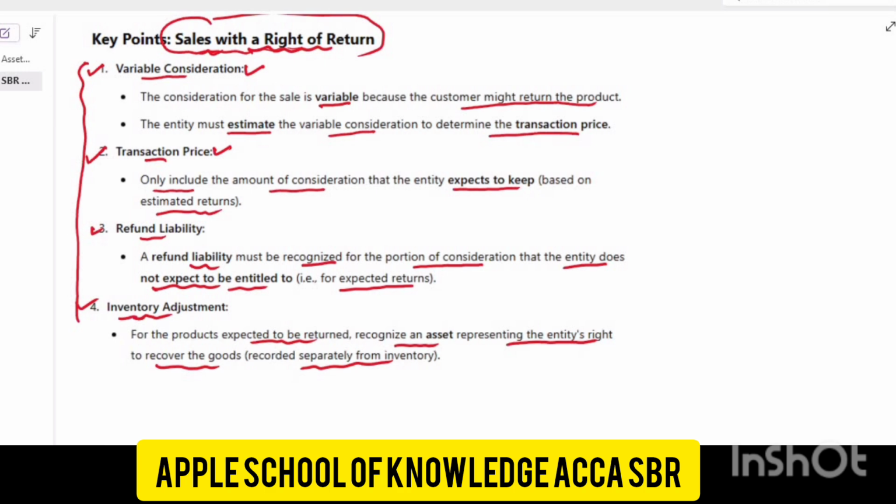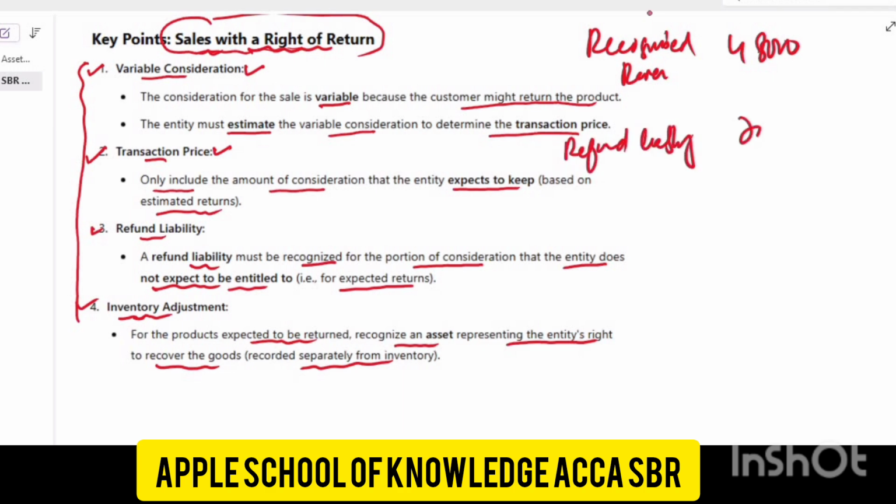So in the question what we did, we have recognized revenue with 48,000. We have also recognized the refund liability of 2,000.